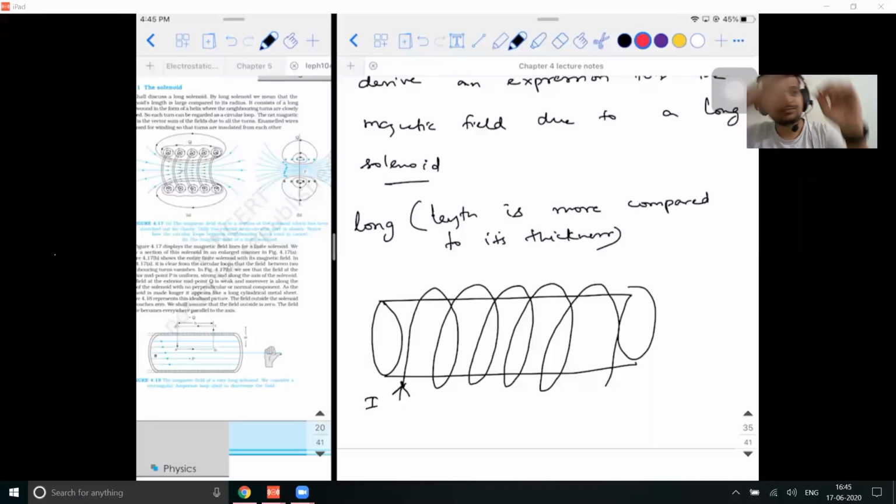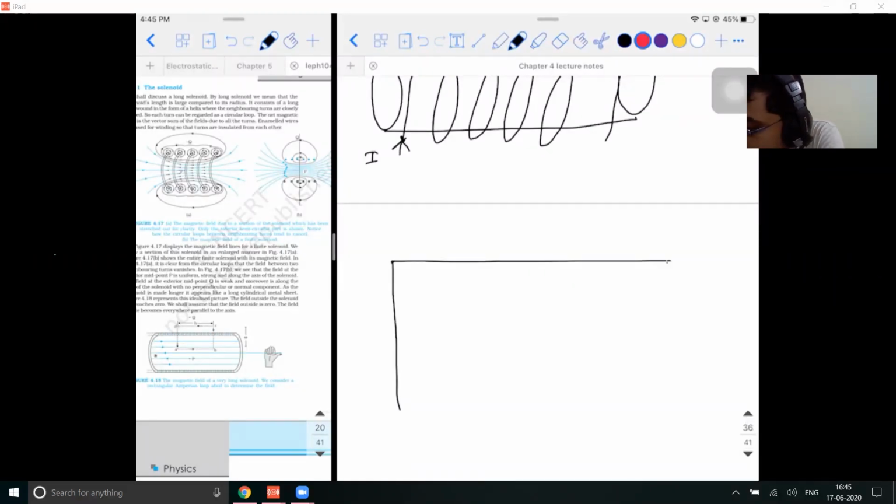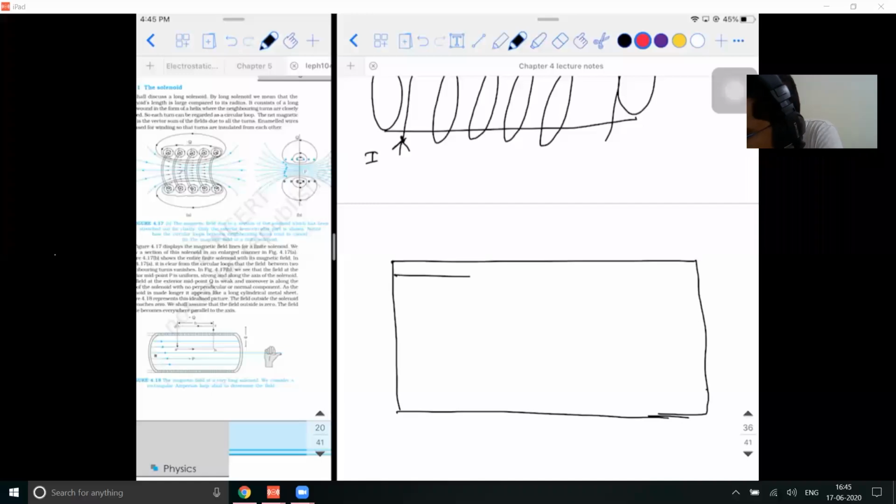Am I right? So when this is happening, if I need to draw this on a two-dimensional plane, then when a cylinder is projected on a two-dimensional plane, what will happen? It will look like a rectangle. So the projection of a cylinder on a two-dimensional plane will be a rectangle. So to this rectangle, I'm redrawing the diagram.